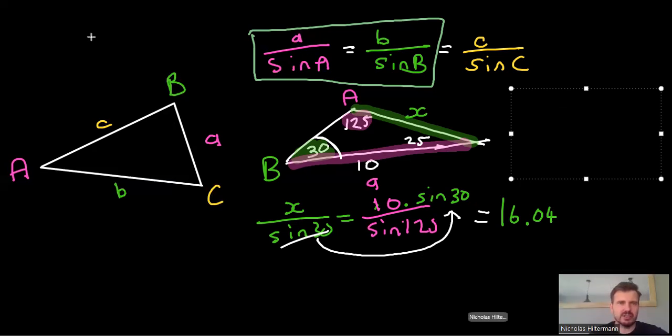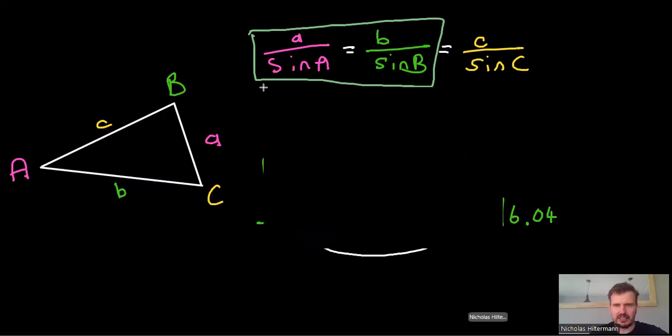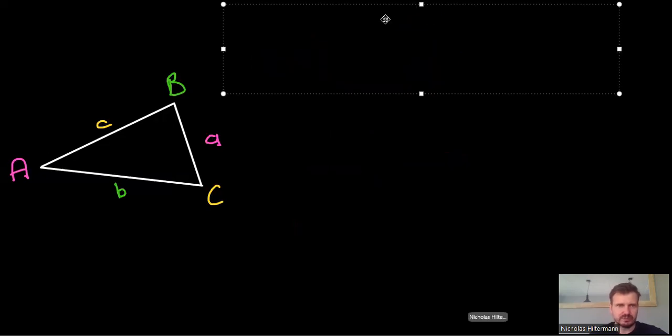Now we've got the sine rule. We use the more complicated rule, which I hope is going to become quite easy once we think of it as: what are you looking for?